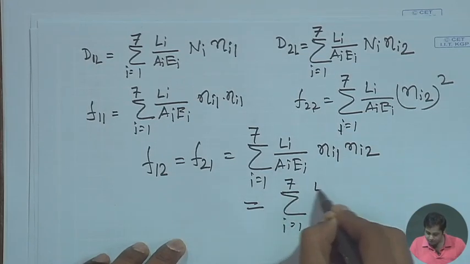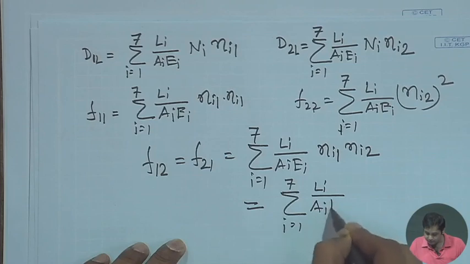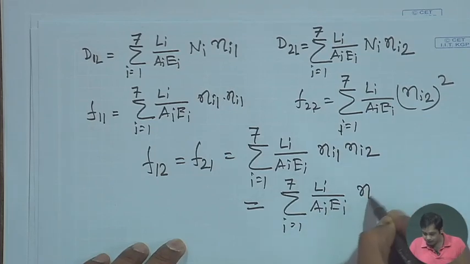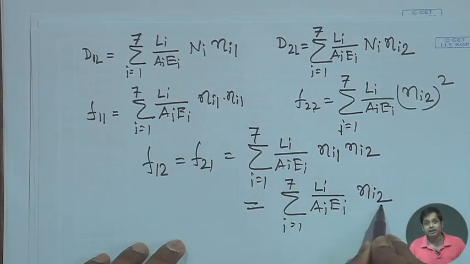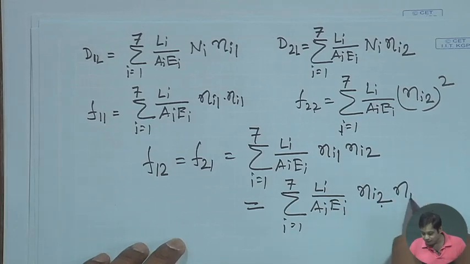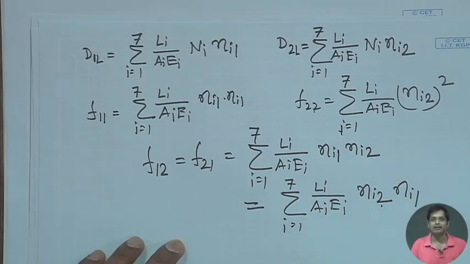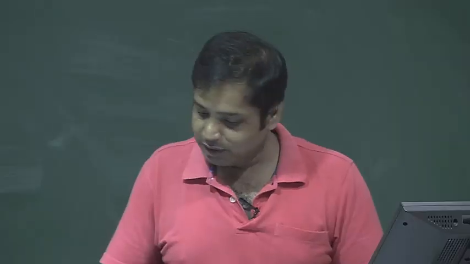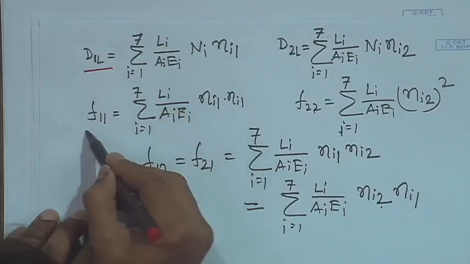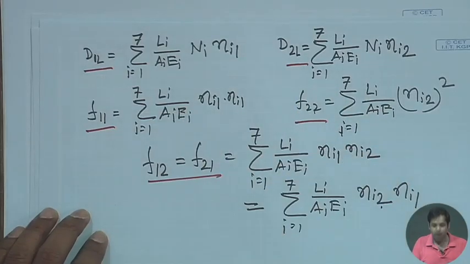You can verify this. Ni2 is the displacement in the direction of the second redundant due to the force applied in the direction of the first redundant. Like this, we can find all these values.